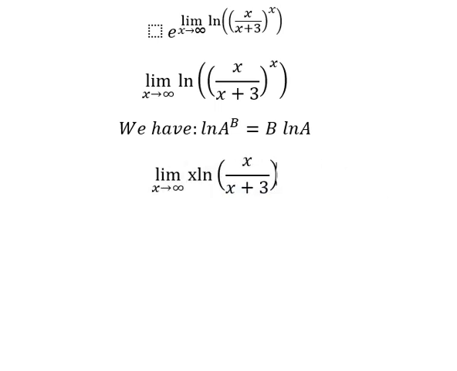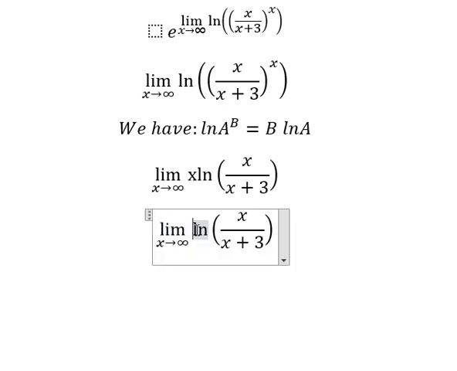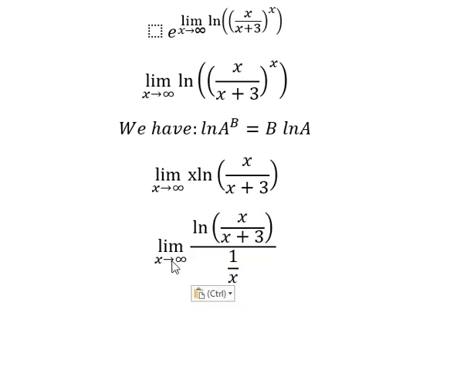Next, about s, we can put like this. So when s approaches positive infinity, number 1 divided by positive infinity, you got number 0.